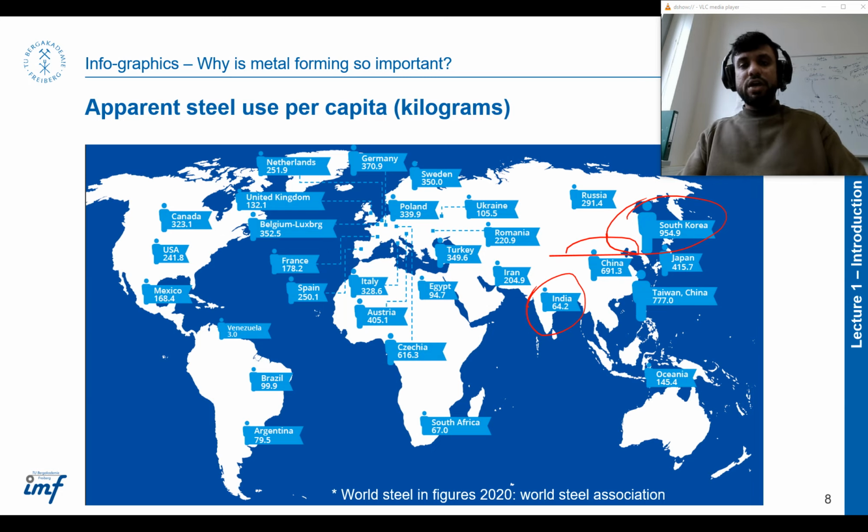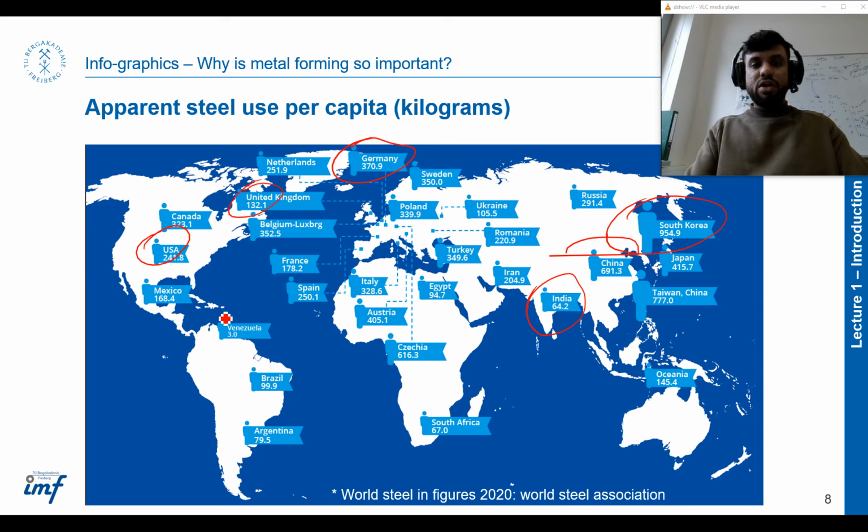usage. We also see that Germany has quite a large per capita steel usage, more than the United States, more than the United Kingdom, more than Spain, and so on. We see that Poland has quite a large per capita steel usage.